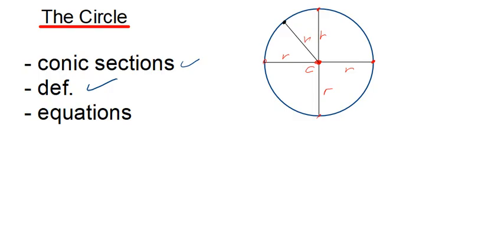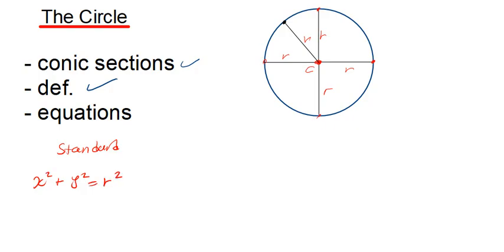Okay, so now the equations of the circle: you have a standard equation and the general equation. Let's look first at the standard equation of the circle. The standard equation of the circle is written in the form x squared plus y squared equals r squared.